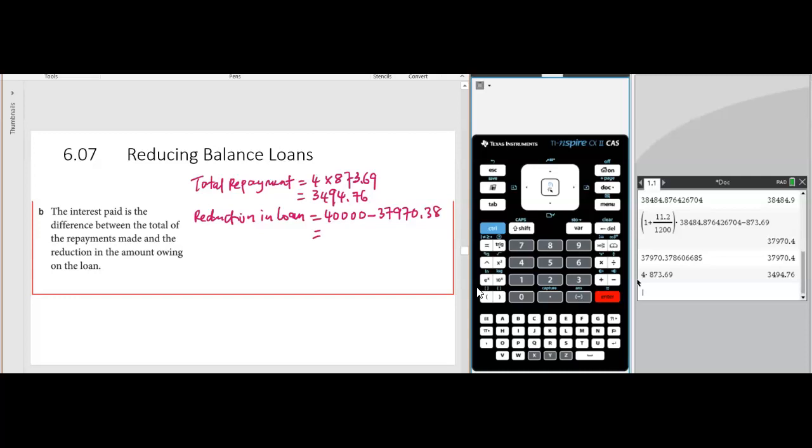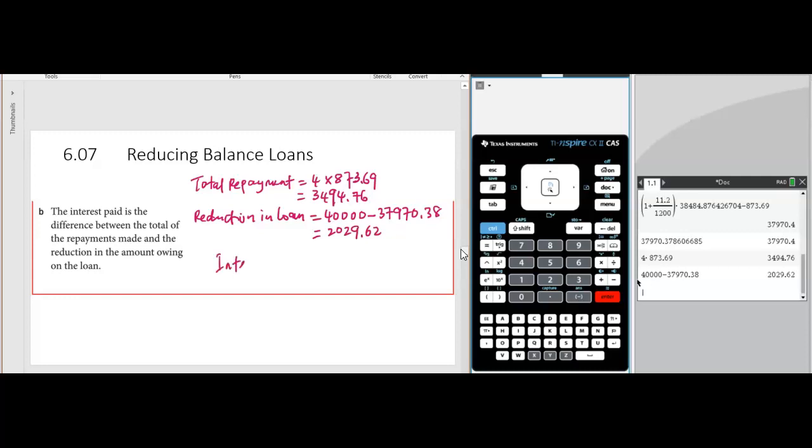So the difference here, I use my calculator, 40,000 minus 37970.38. So enter, the reduction in your loan will be 2029.62.